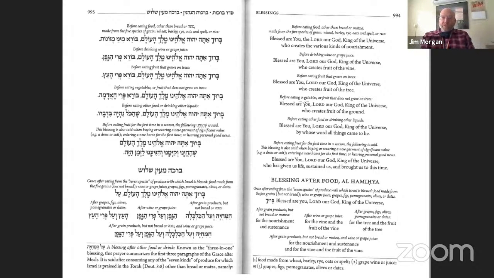If you're not eating bread or matzah, or something that mimics those things, then you can choose the one that's here on this page. But the easiest thing to do is just to always have a little bit of bread, a little bit of matzah, say Hamotzi, and you're covered, and you've done it right.